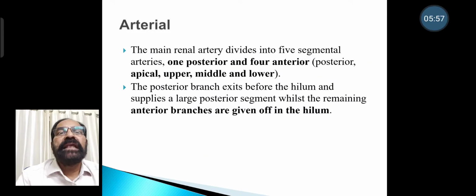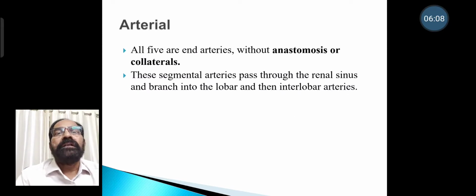The posterior branch exits the hilum and supplies the larger posterior segment, while the remaining anterior branches are given off in the hilum. All 5 are end arteries without anastomosis or collaterals. These segmental arteries pass through the renal sinus and branch into lobar and then interlobar branches.